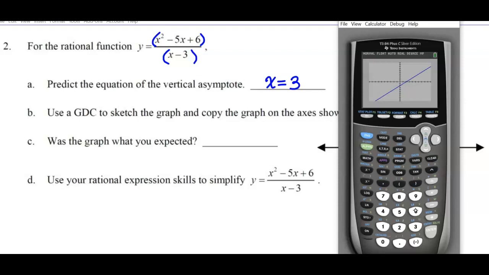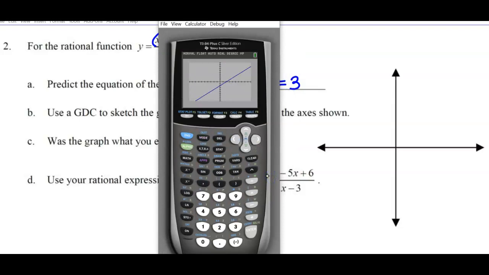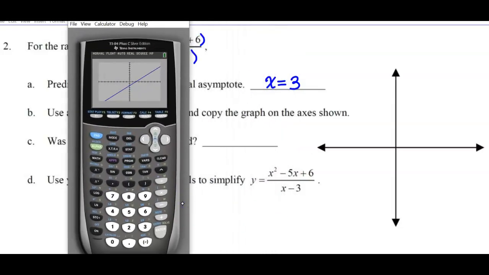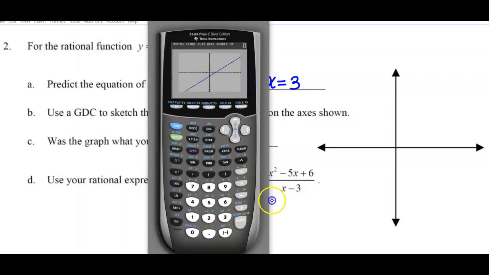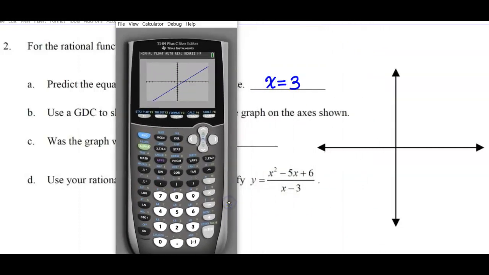It's a line. It sure is a line. Okay. So it says use a graphing calculator, sketch the graph plotted on the axis.